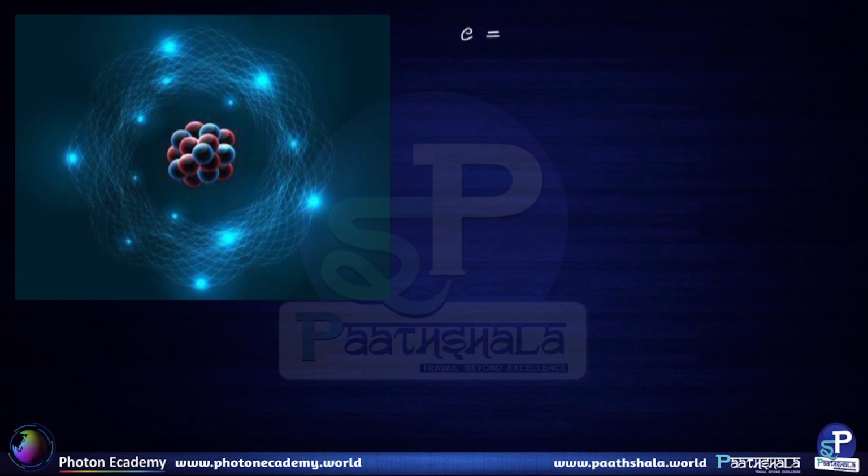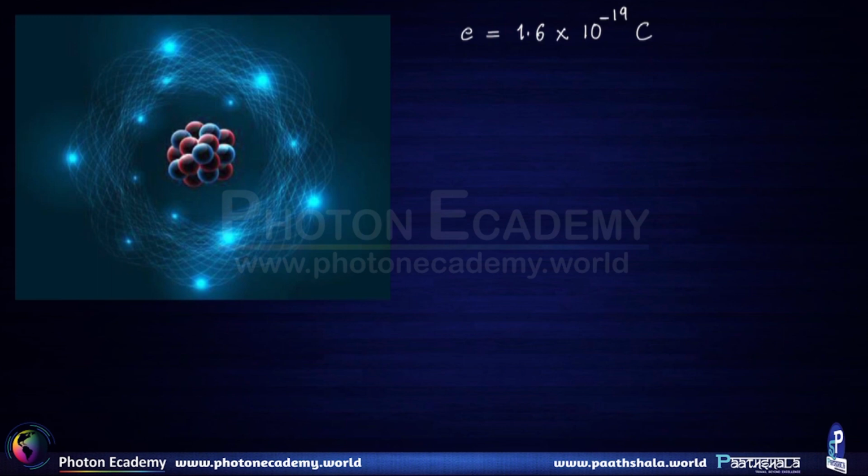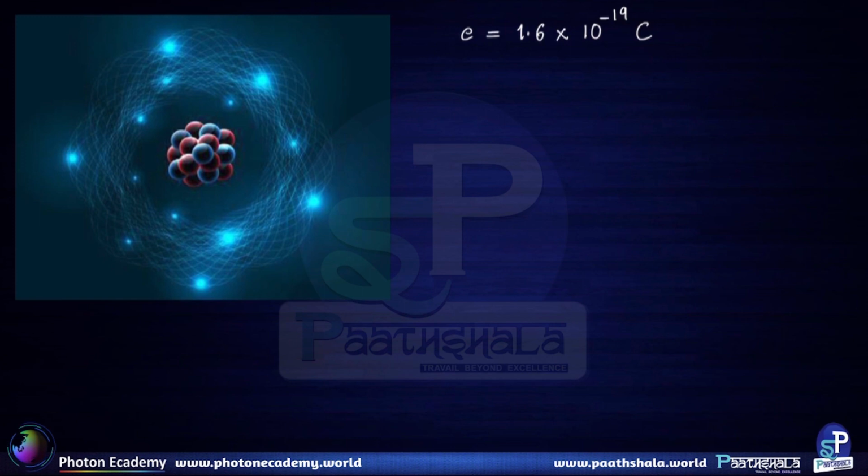The electrons are negatively charged, and the magnitude of the charge on the electron is called small e, which is one of the constants of physics, and it happens to be 1.6 into 10 raised to minus 19 coulombs. So this is called the electronic charge.